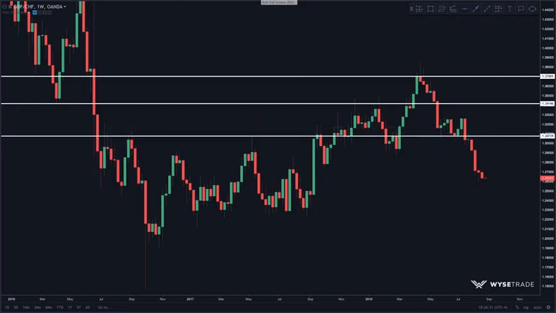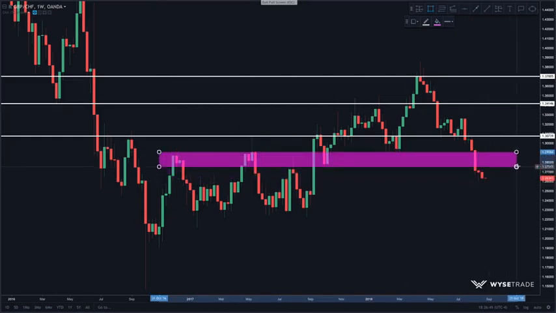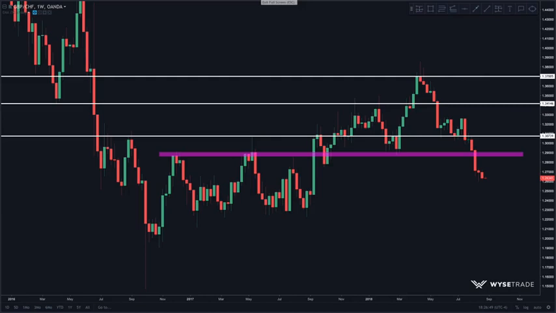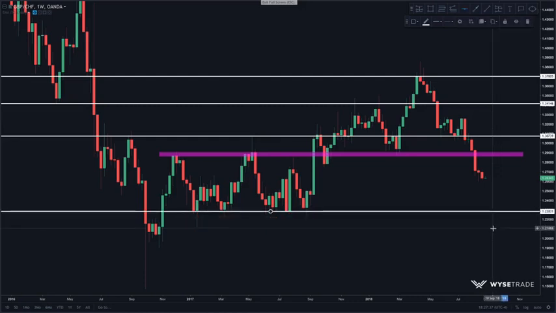And now we have a key zone here with 4 rejections. Now, along the bottom, we have 5 rejections, another level. And then finally a swing low here.